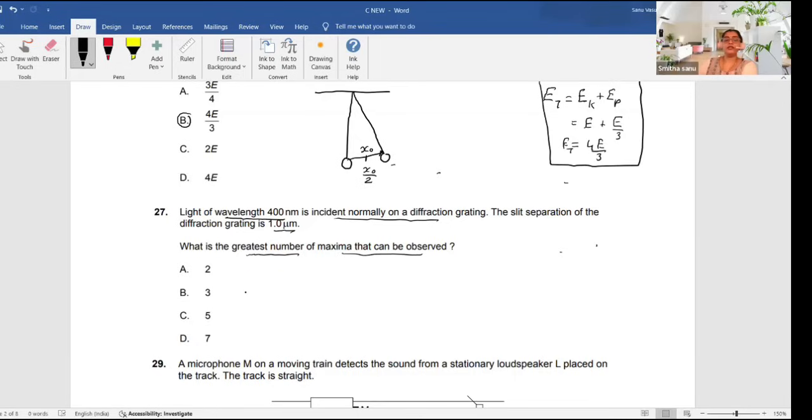So according to the grating equation, 2d sine theta is equal to n lambda. Here d is the slit separation, which is 1 micrometer. Sine theta is sine 90, which is 1. n is what you have to find, and the wavelength is 400 nanometers.